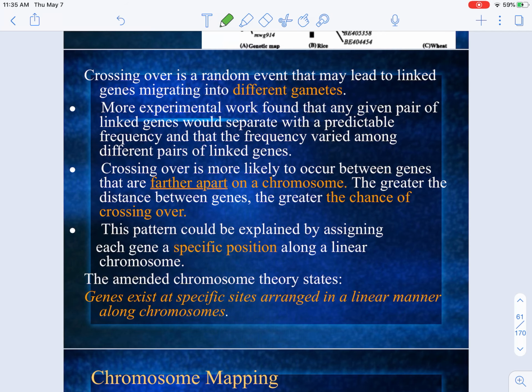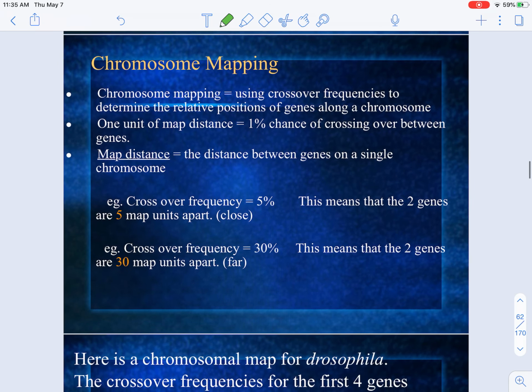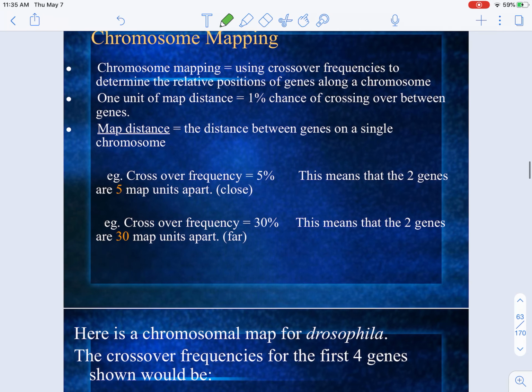So the idea is the further apart those two genes are on a chromosome, the more likely they are to be split up by crossing over somewhere within that chromosome. And that's how it comes to the concept of gene mapping: when they look at the results of crossing two individuals, and they see results that they didn't expect because those genes should not have been in that combination together, that means crossing over happened.